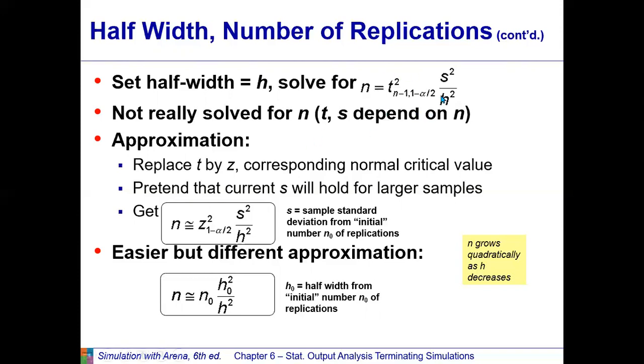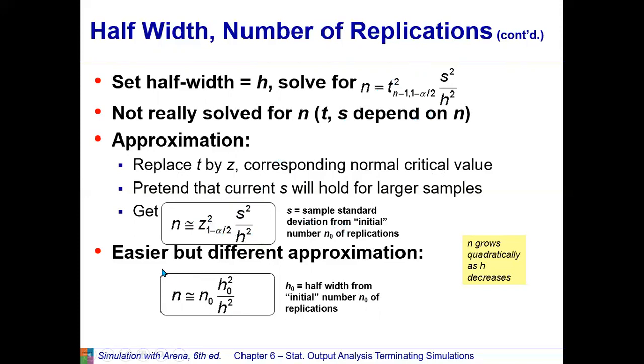So we replace the t statistic with the z distribution. And here, we assume that the sample standard deviation for the initial condition is the same as the one we are searching for. So these two factors are assumed to be held fixed, and then we try to find the half width.